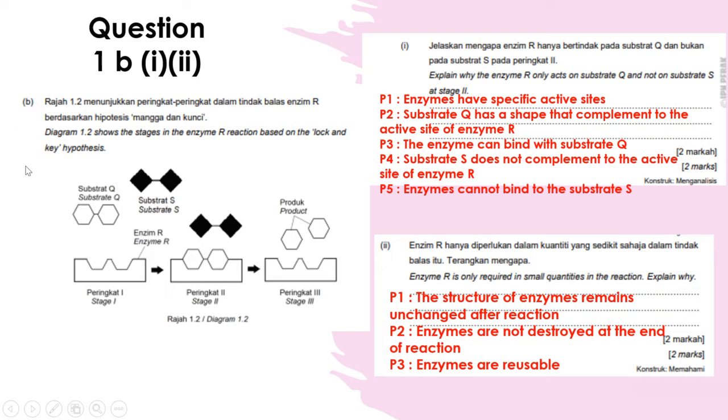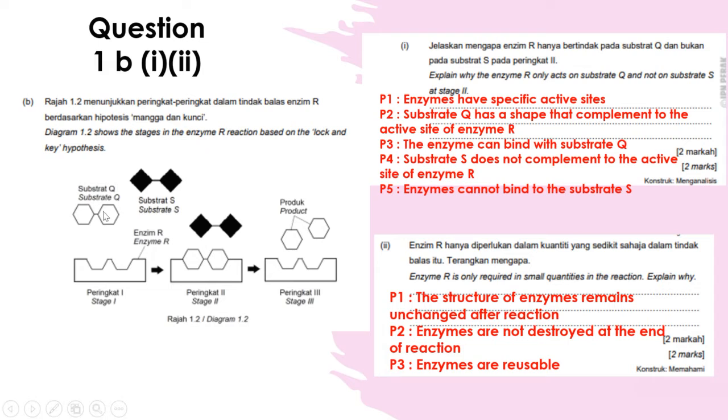Next we go to question 1B, 1 and 2. Let's go to the question first. Diagram 1.2 shows the stages in the enzyme R reaction based on the lock and key hypothesis. You have to observe diagram 1.2 carefully.